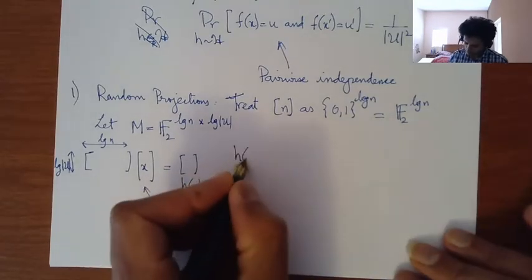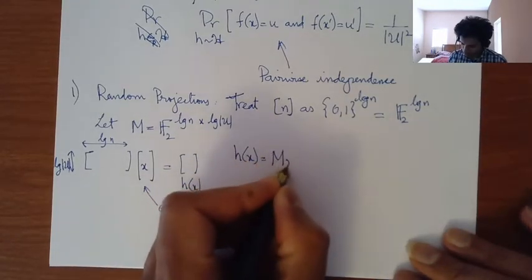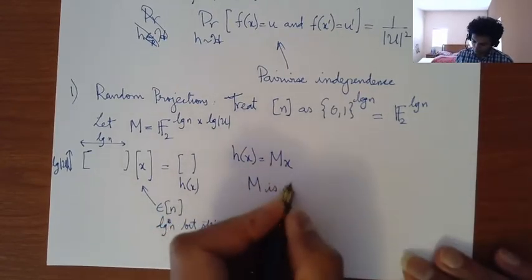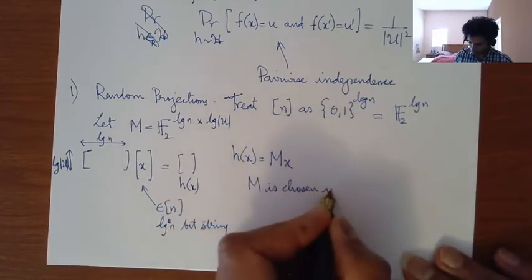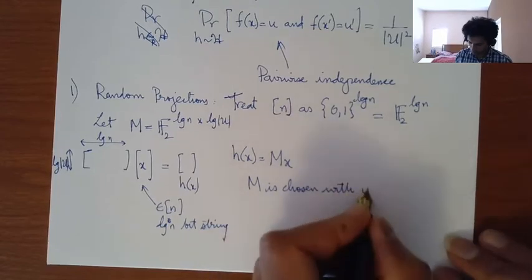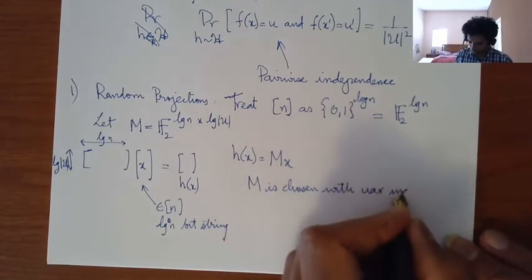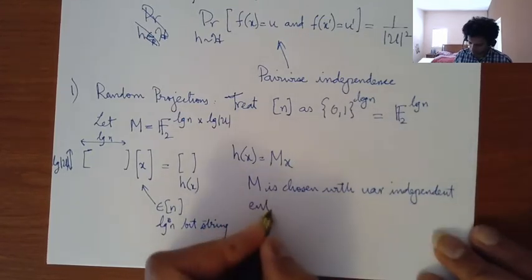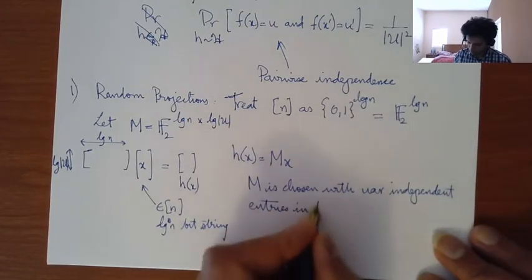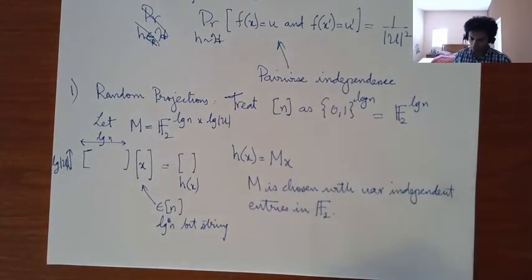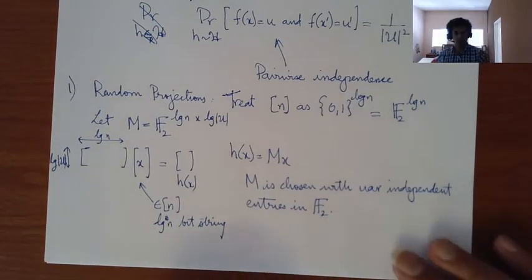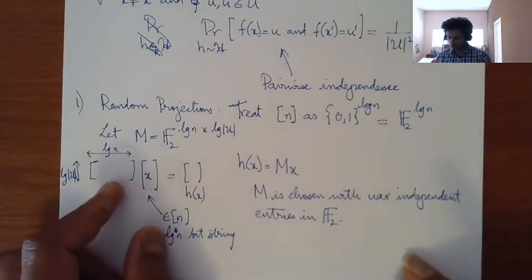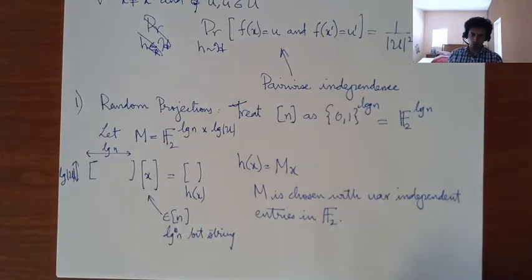So h of x is just M times x, and M is chosen with uniformly random independent entries in F2. So this is the family. To construct your hash function, you construct a random matrix, and then you use this mapping.